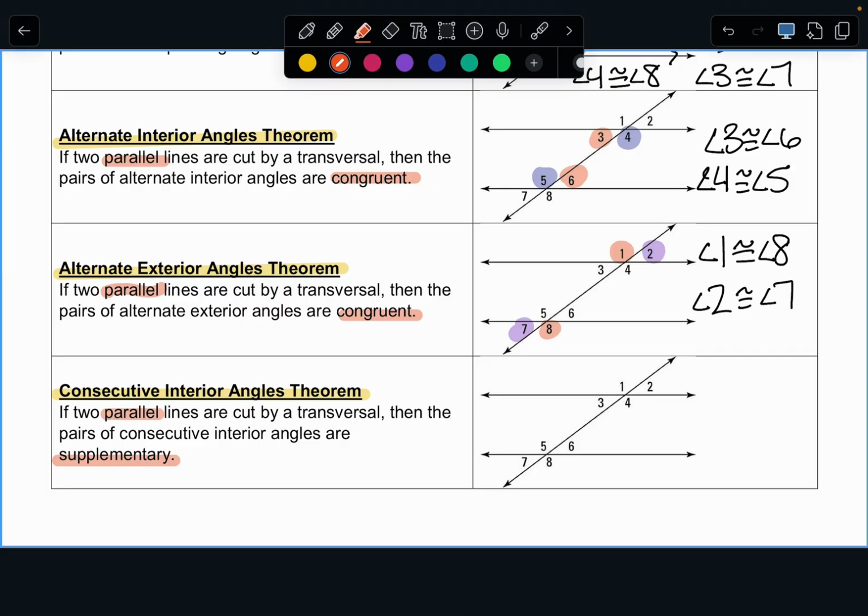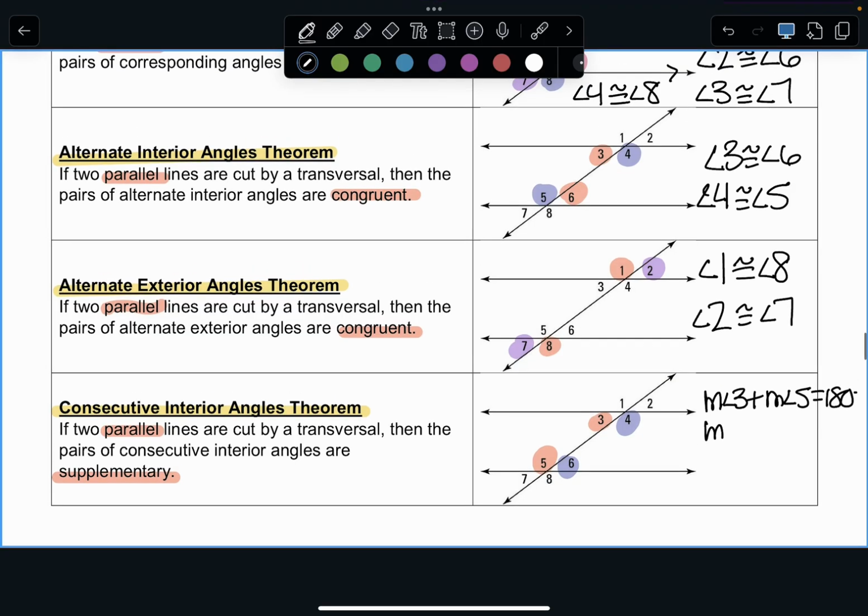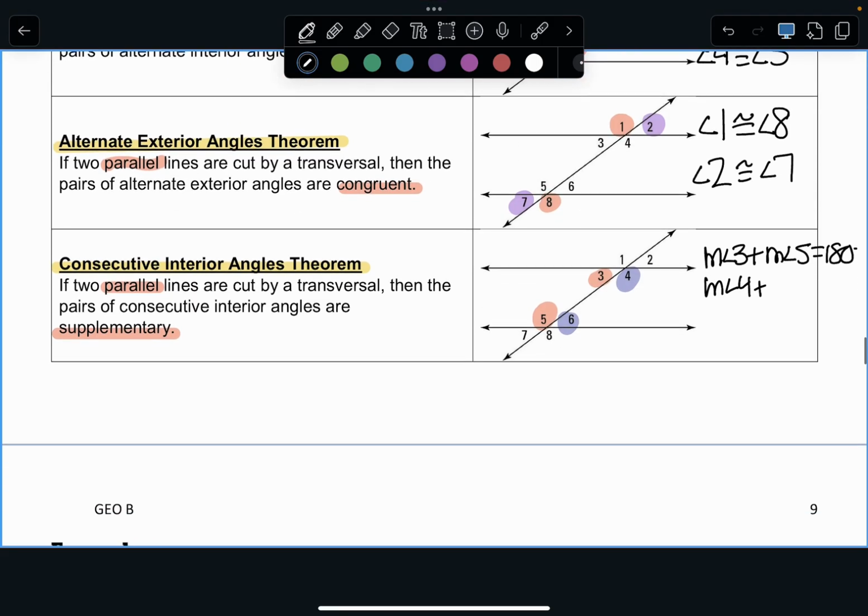Let's just look at interior. 3 and 5. And 4 and 6. So what this theorem tells us, yeah, measure of angle 3 plus measure of angle 5 is 180. And measure of angle 4 plus measure of angle 6 is 180. They're supplementary. Too easy.